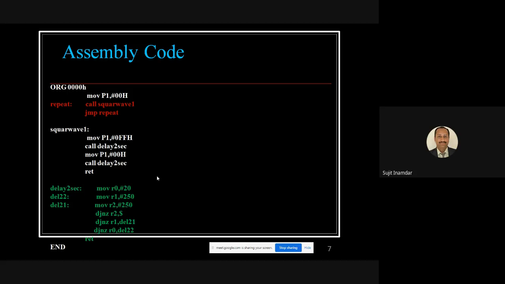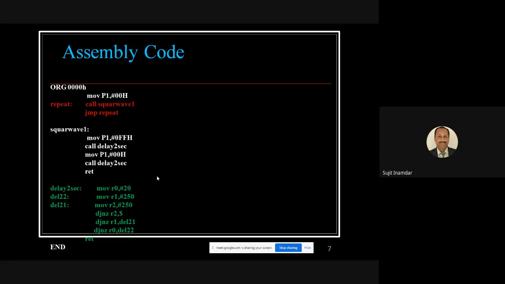If discrete values are given, it converts them into a square wave, triangular wave, sine wave, staircase wave, and so on. This is the main application of the DAC, and as one such application, the square wave generation code is written over here.